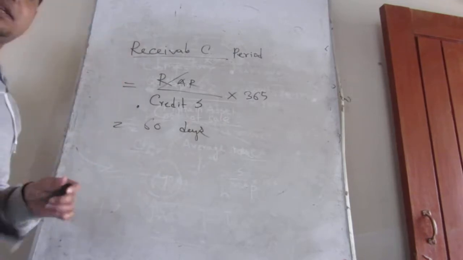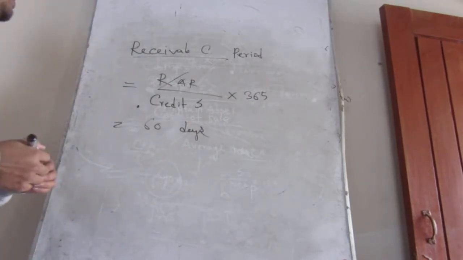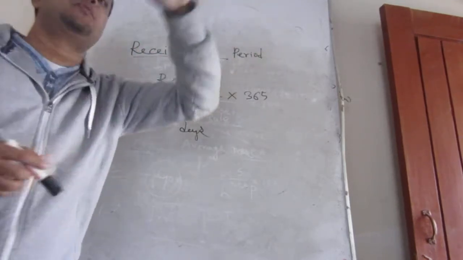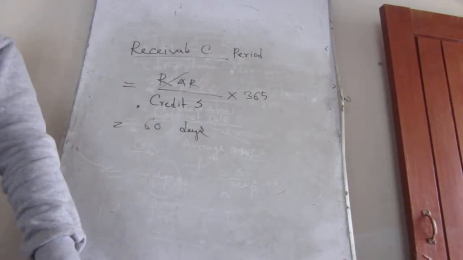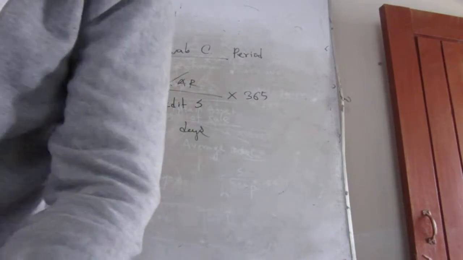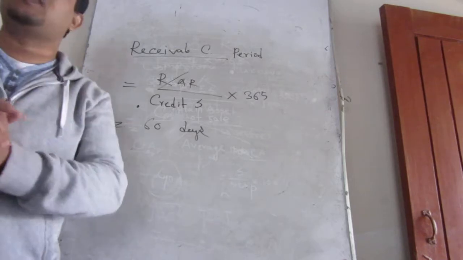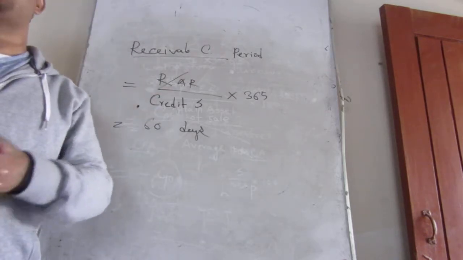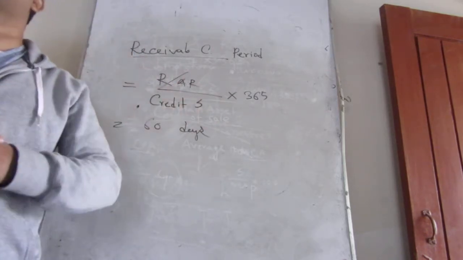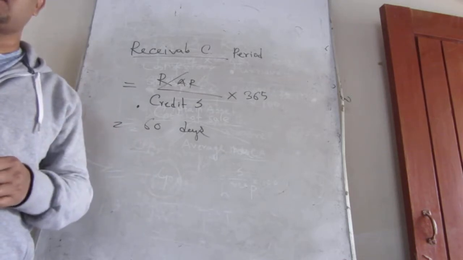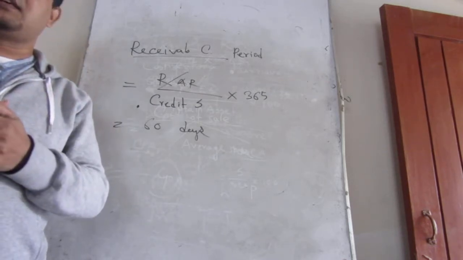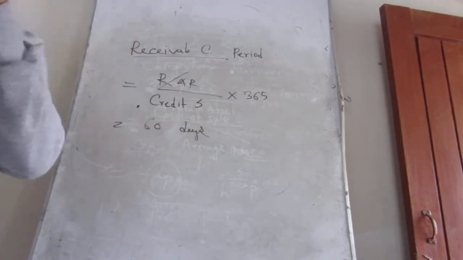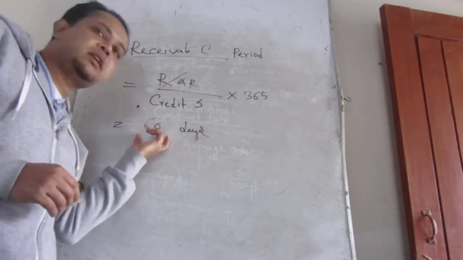That means the name of the ratio is receivable collection period. It means that initially you sell on credit. That means you are providing some time period to your customer to make the payment, right? On an average, to collect each and every receivable, your company requires 60 days.